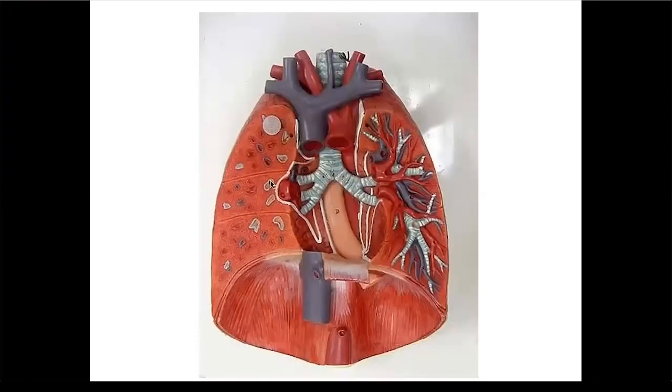In this view, we can see an internal view of the lung. Here you can see the carina, the trachea. You can see it there as well. Hopefully by now you know that this is the ascending aorta. You should be able to name these for me.